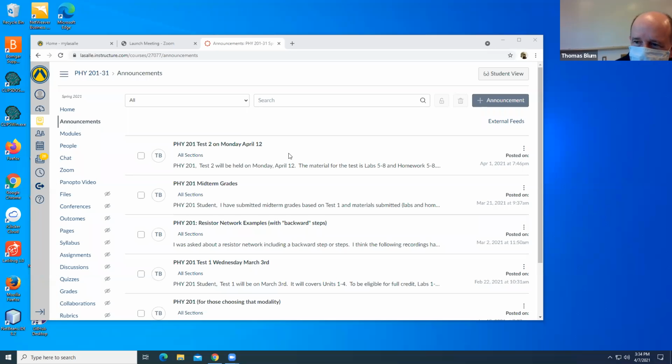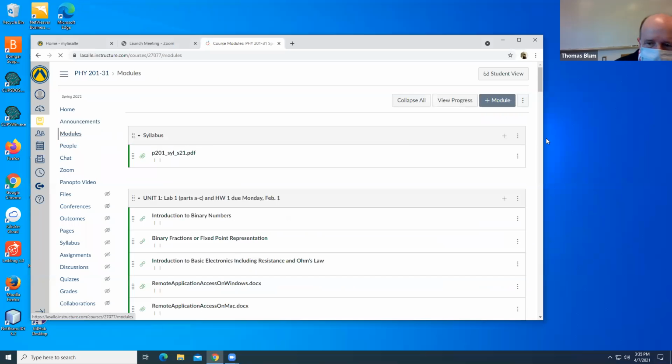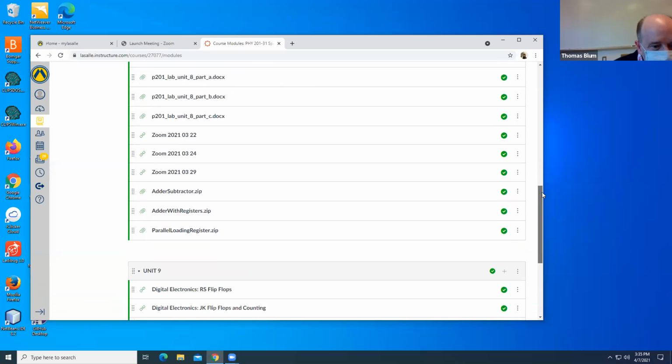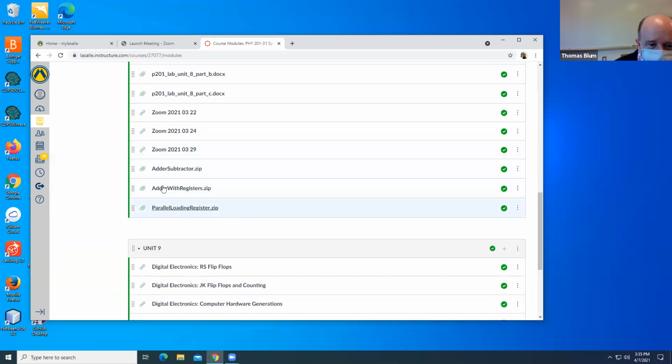What else do you expect? You expect something with the adder or register circuits. I provided you, go back to modules, I posted down here these web page equivalents of some of the circuits: the adder subtractor, the adder with registers, the parallel loading register.